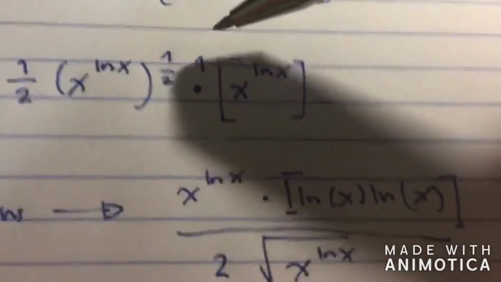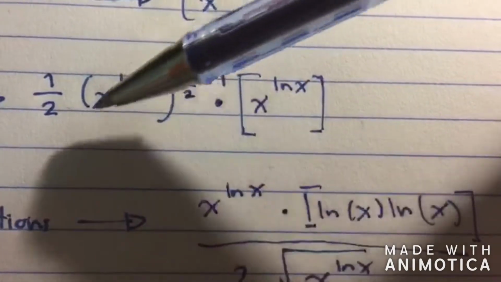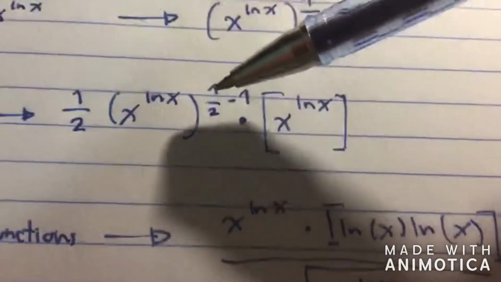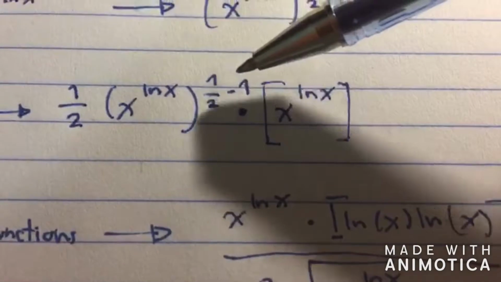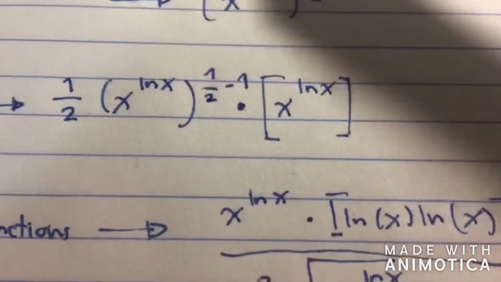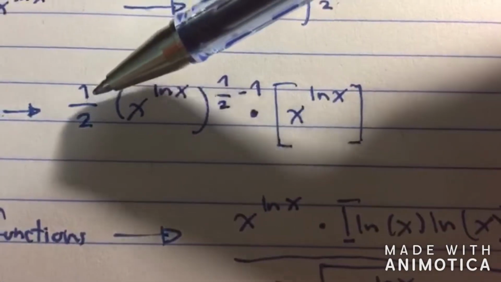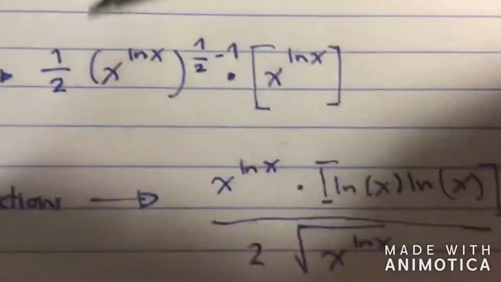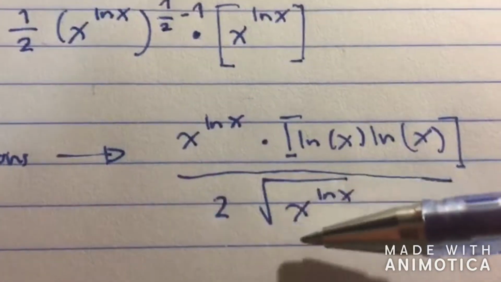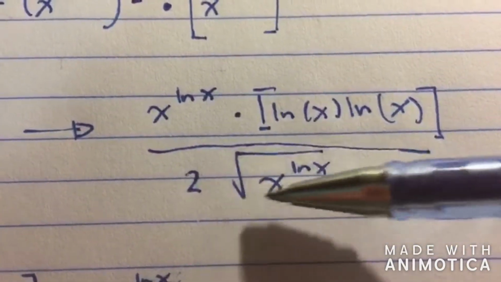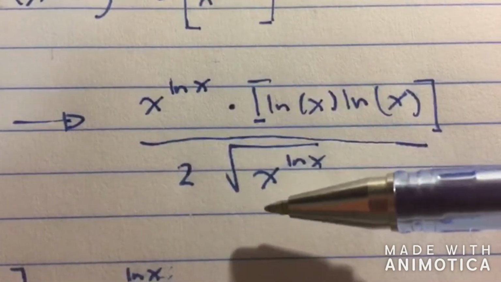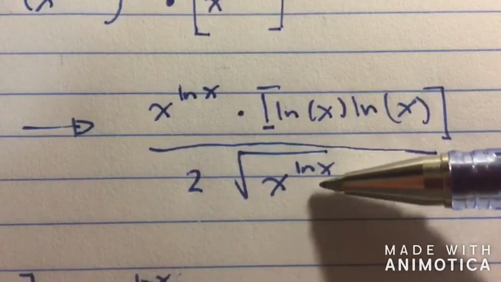and then with this other expression that we have here, we just transform again this into a square root using the exponent 1/2, and then we multiply it by the 1/2 that is outside, and that leaves us with this expression 2 square root of x ln x.